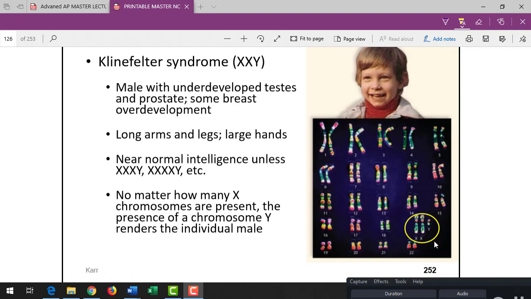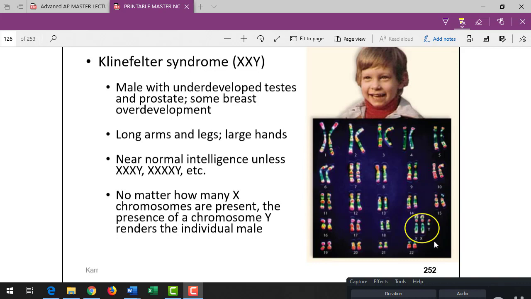So this is an extra X, so you have a boy with an extra X. Because of that extra X, it causes some changes, which is really long arms and legs, large hands. Normal intelligence in most cases, maybe a slight learning disability. Some people have said, and I haven't researched it, is, what's his name, the swimmer, Michael Phelps? They say he has Klinefelter syndrome.